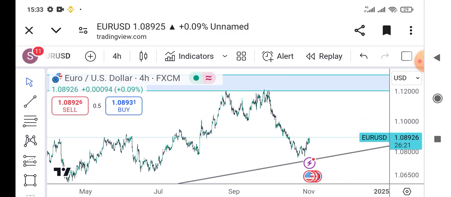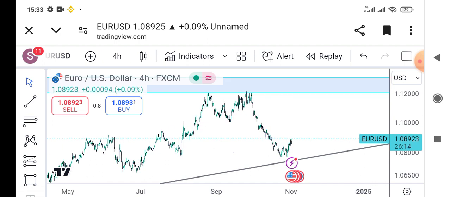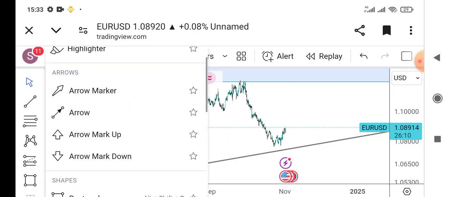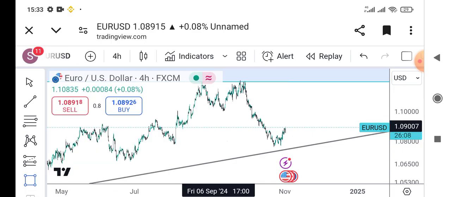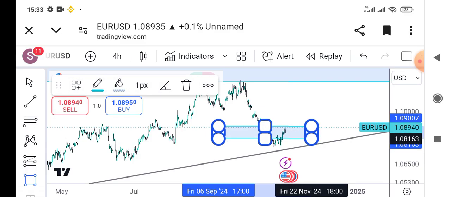So now on the 4-hour chart, we'll corner the price again and draw a resistance.